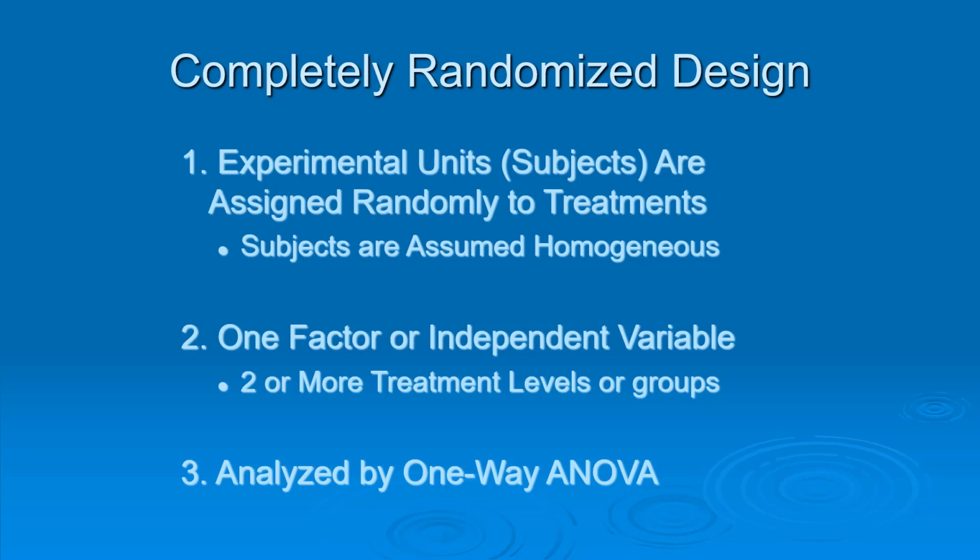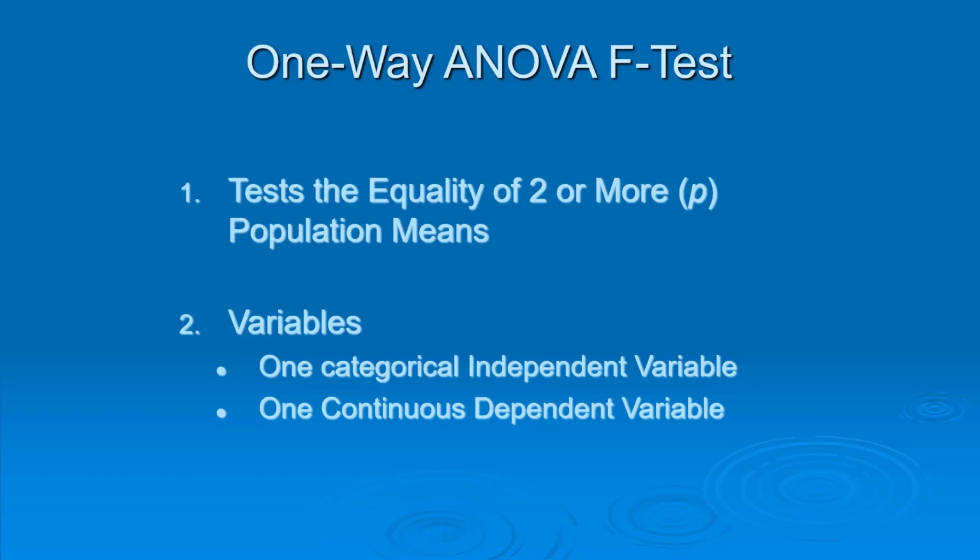In this example, we can perform one-way ANOVA to see if the means of the two groups are the same. Please note that there is one continuous dependent variable and one categorical independent variable in the ANOVA model. What we're testing is the equality of two or more population means, for example, if the mean scores of a test are different between the two groups.